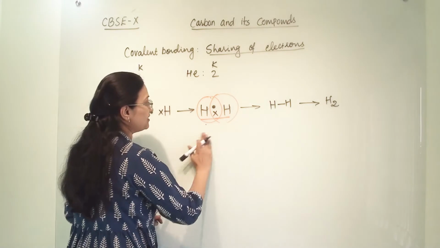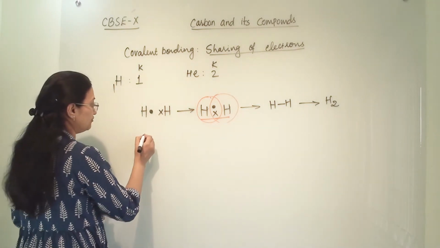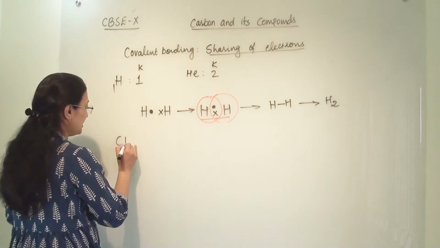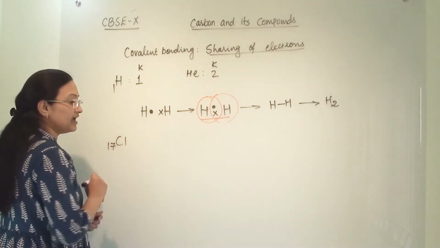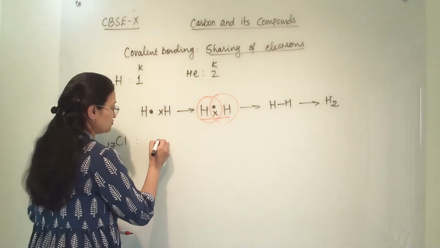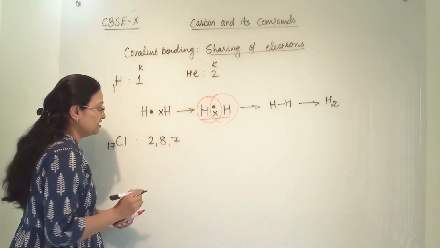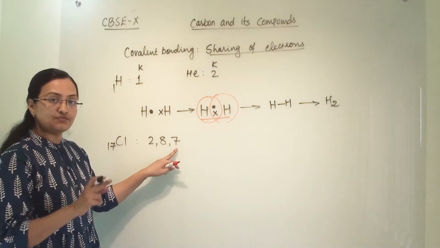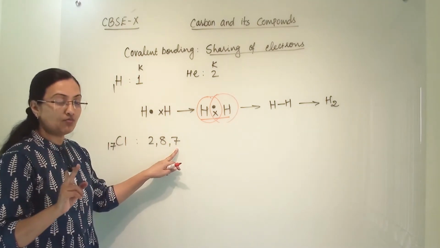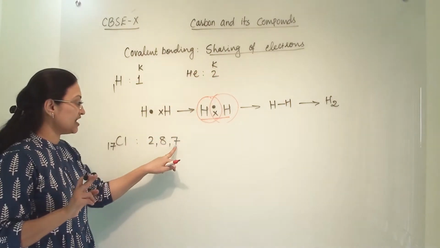In the same way, chlorine will also form a chlorine molecule. Chlorine has atomic number 17, so 17 electrons are there in chlorine, and its electronic configuration is 2, 8, 7. Now chlorine can accept 1 electron and form an ionic bond, but here, as part of covalent bonding, it will share 1 electron.